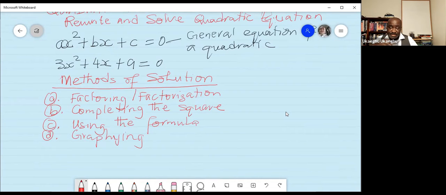Certain equations can be one linear, one quadratic, which means you can have a system of equations of this nature: 3x plus 2y equal to 6, and then 3x squared plus 4x plus y equal to 10.